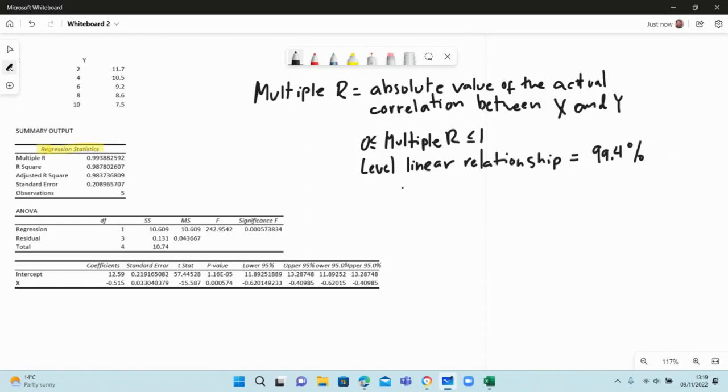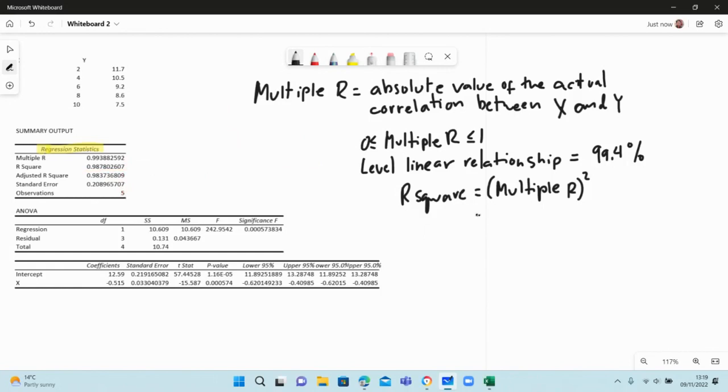The r square value, on the other hand, is literally the square of the multiple r value. So it's just the square of the first item in the regression statistics. And if you will try to verify this using your scientific calculator, if you square this value, what you get is exactly the value for r squared.